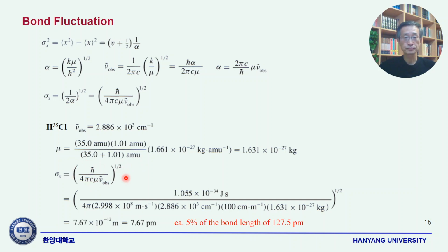So h bar, 4 pi, c, the fundamental frequency in meter, and the reduced mass, then take the square root. You obtain 7.67 picometer. The HCl bond length is known to be 127.5 picometer, so about 5% is the fluctuation of the bond.